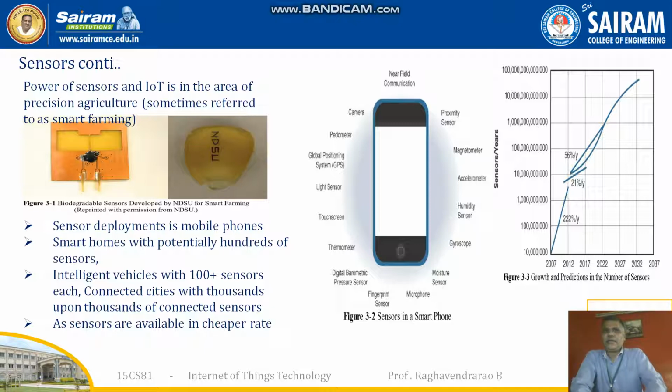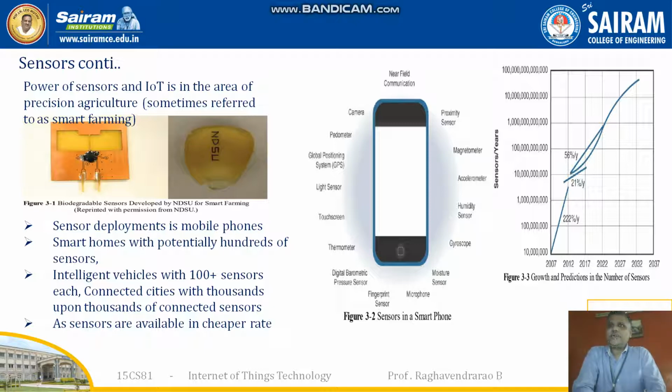And sensors are available at a cheaper rate. So sensors can be used for applications and by people who want to use them for the proper execution of their applications.